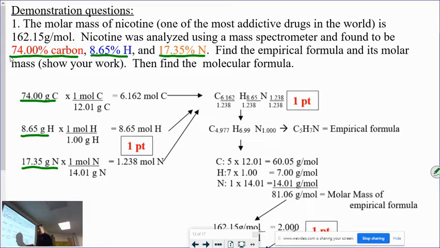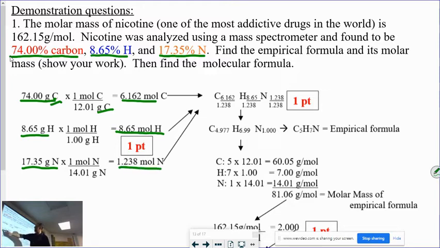That's step 1. Step 2, convert the grams to moles for each element. So we've done these problems. We have grams of carbon here, and we go to moles of carbon right here. We use the molar mass, and we get an answer with the correct number of significant digits. We do that for the hydrogen, and we do that for the nitrogen.